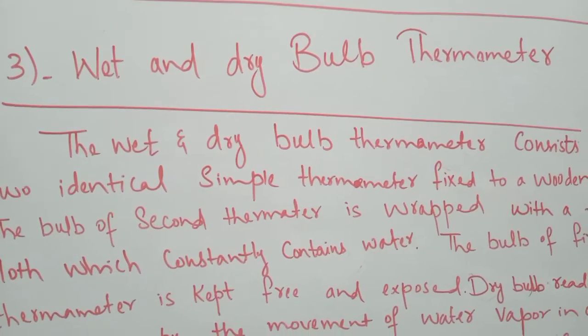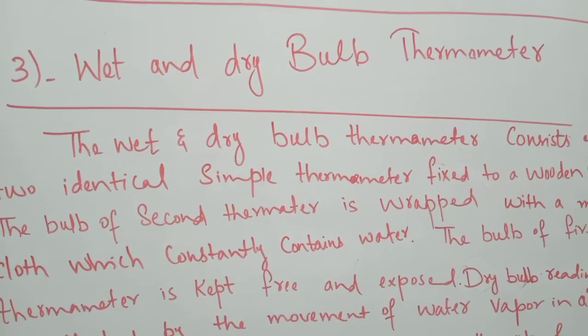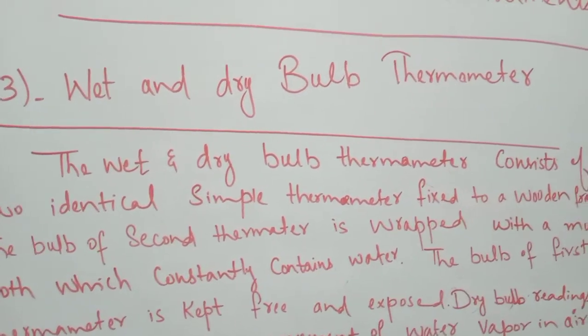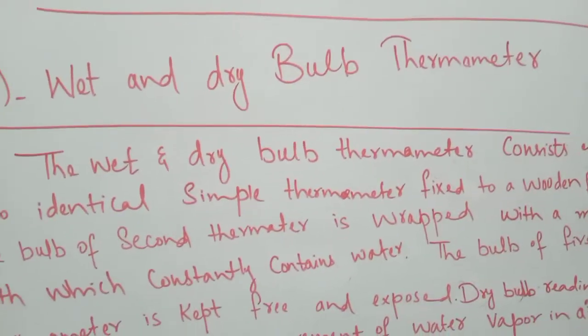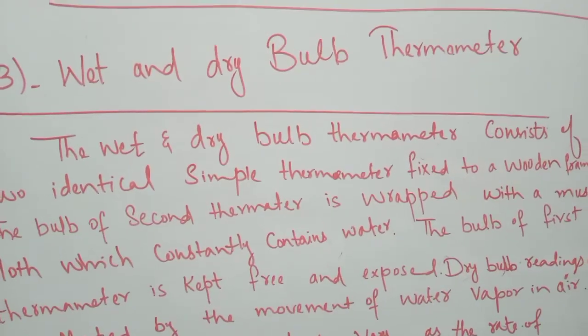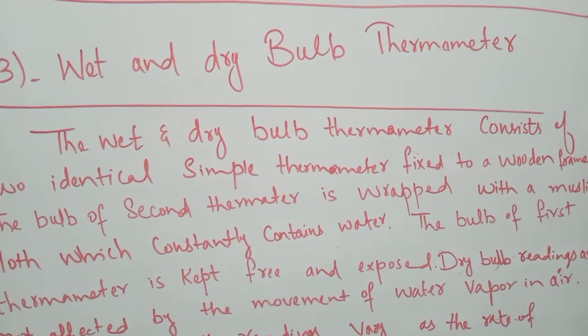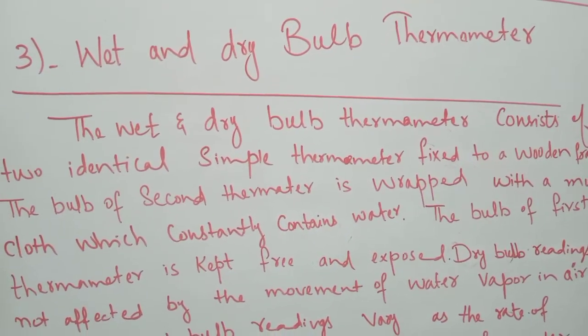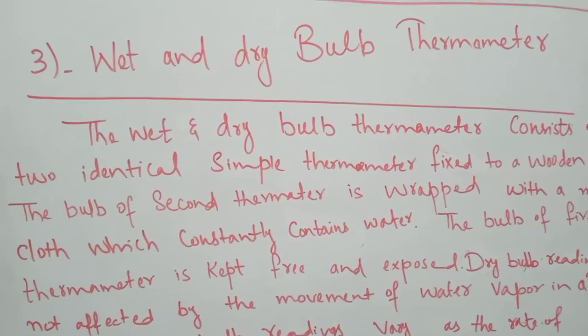So two types of bulbs and two thermometers are going to be used in this practical. In this apparatus, what do we need to do? Firstly, we need to understand how it works, and then take a look at the diagram.